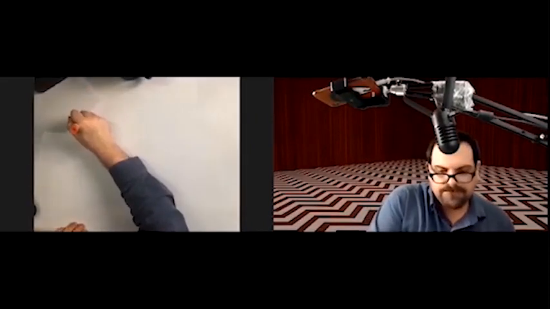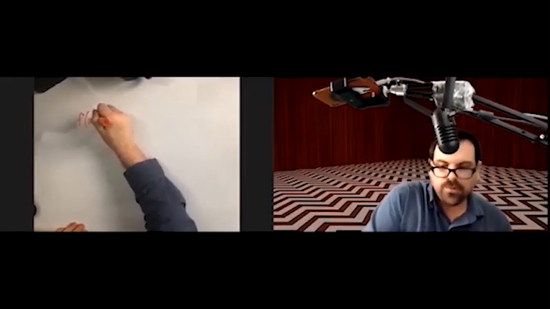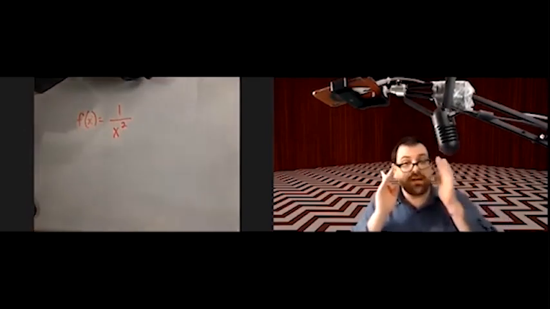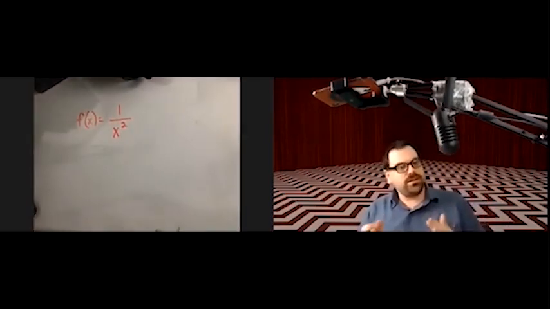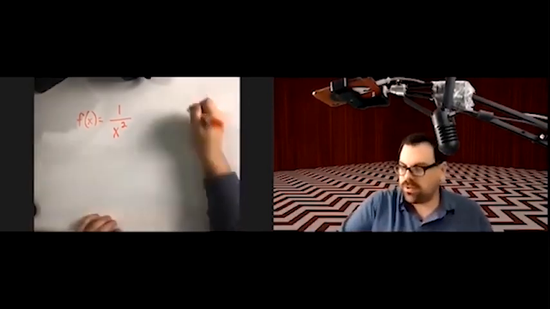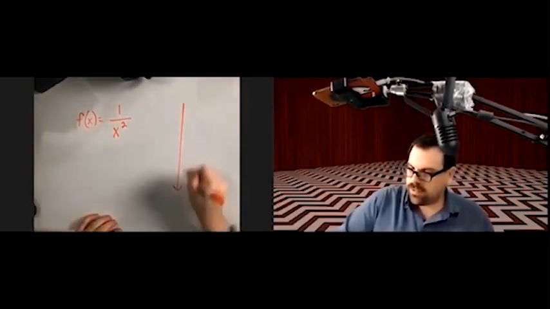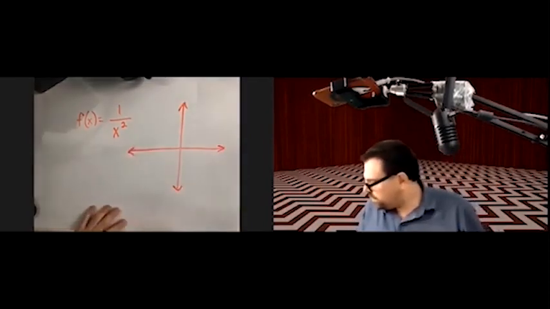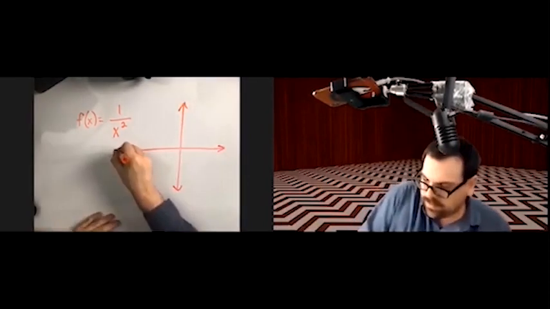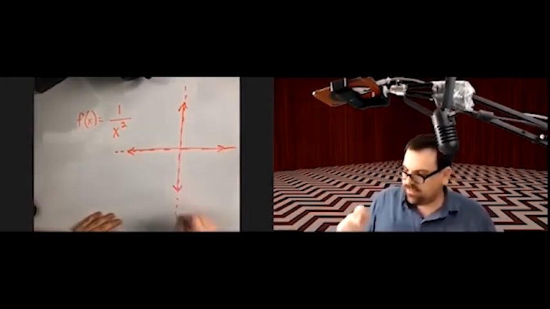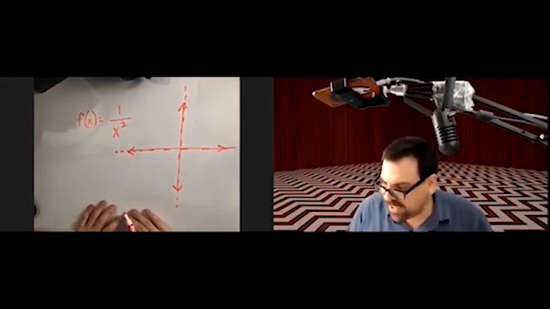Here's a graph, a new one, of the function 1 over x squared. This hyperbola is a little weird because instead of being in opposite corners, we still have our same horizontal and vertical asymptotes as 1 over x.